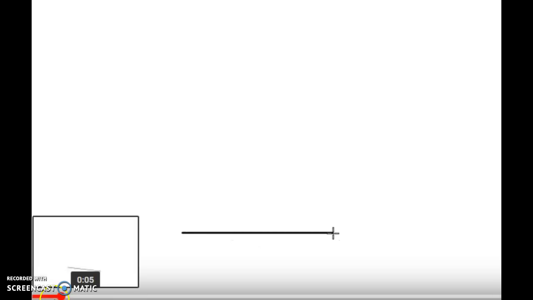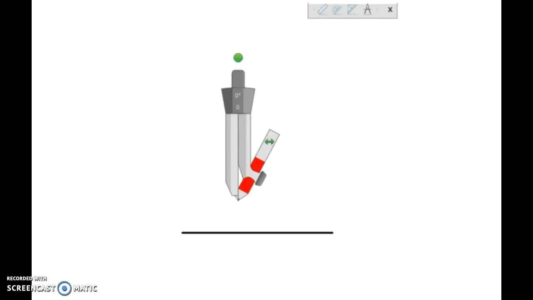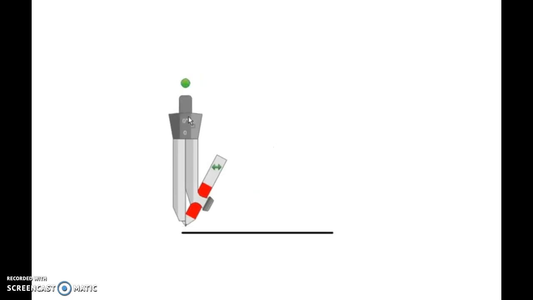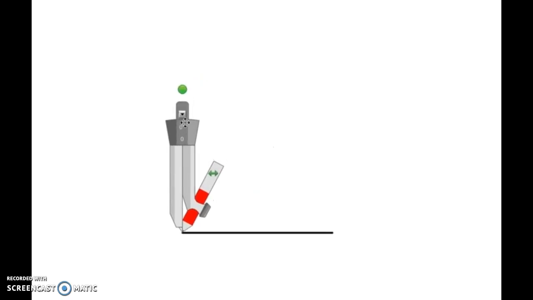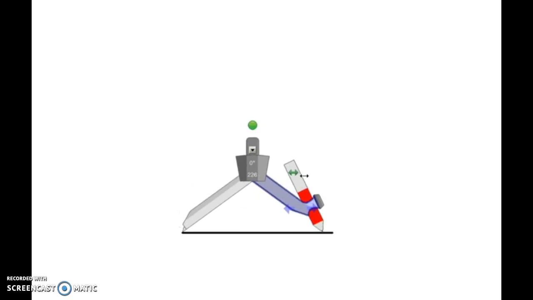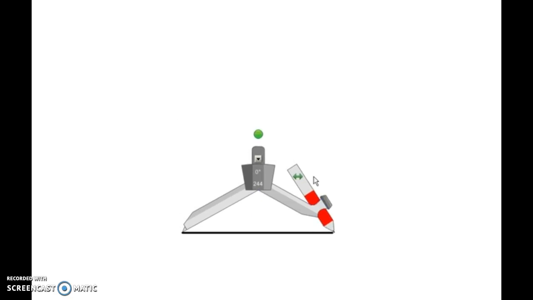So this is the construction for an equilateral triangle. You want to start with a line segment. You're going to open your compass to the length of that line segment.